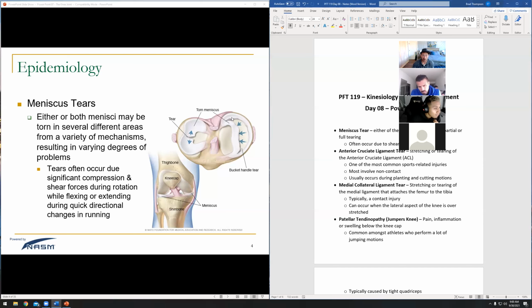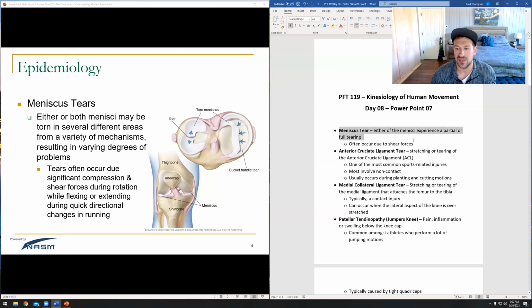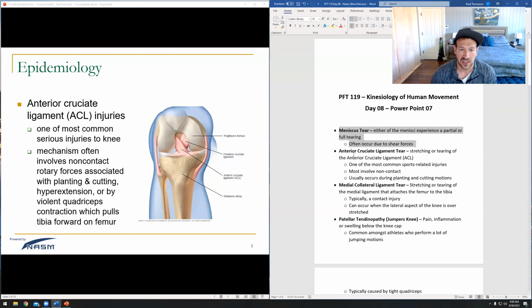It should be able to deal with it ideally, but not always, especially if the muscles aren't strong enough to support it, and instead it's just passively grinding into itself. Of course something's got to give, right? So that's what we see in meniscus tears.